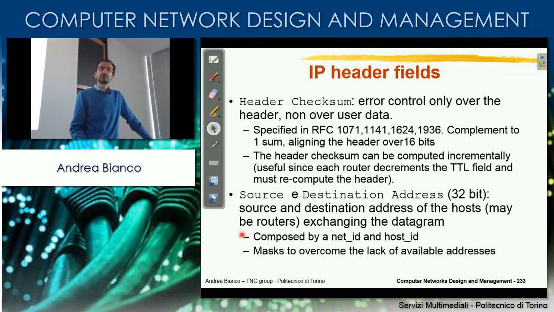When the time to live expires, you signal that to the source, and what does the source do? Nothing, in the sense that the IP protocol does not ensure reliability. That's just signaling information that you get to the host, but in the IP layer there is no automatic mechanism put in place when you receive an error message.